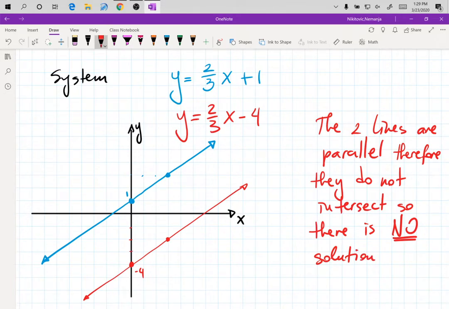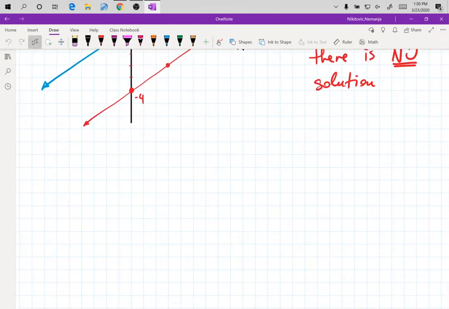So when the two lines are parallel, they cannot intersect. Since intersection is a solution and there is no intersection, then there is no solution. So in this case, no solution. The last case is where two lines are the same line. And when two lines are the same line, then we have infinitely many solutions.